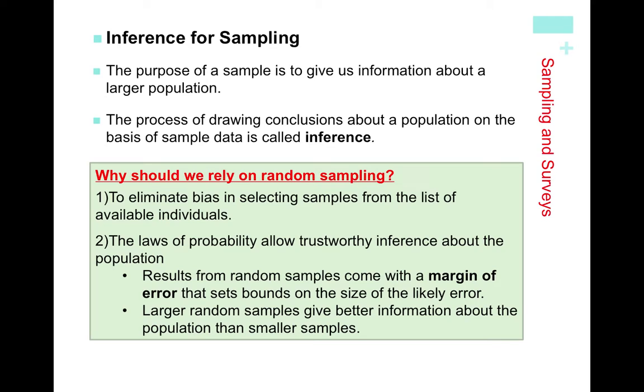The second reason for random sampling is that the laws of probability allow trustworthy inference about your population. So results from random samples come with a margin of error that sets bounds on the size of the likely error.